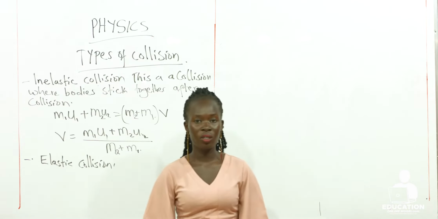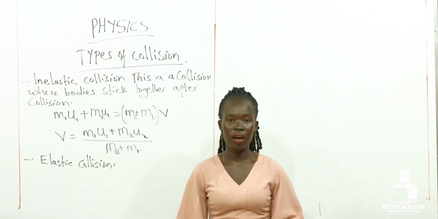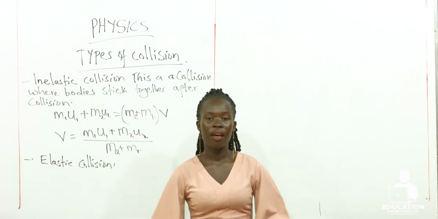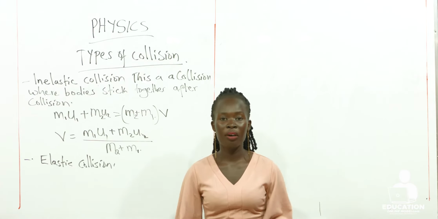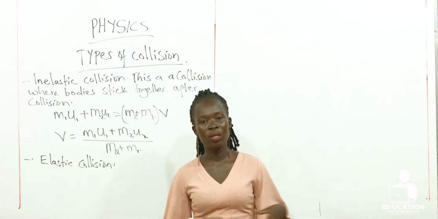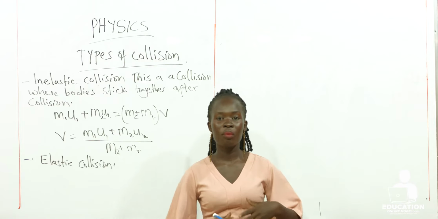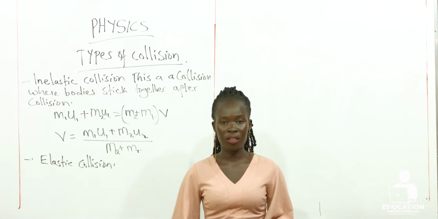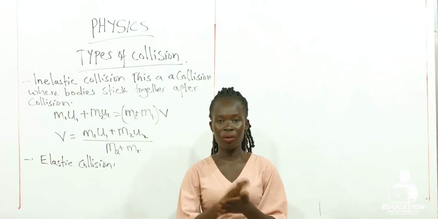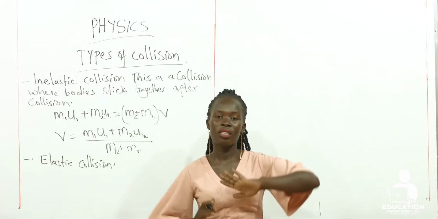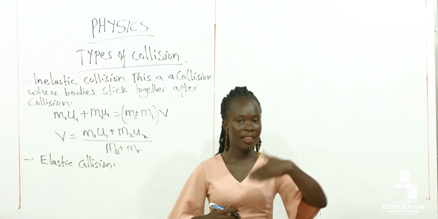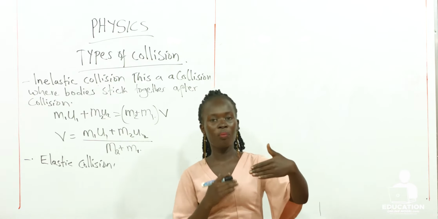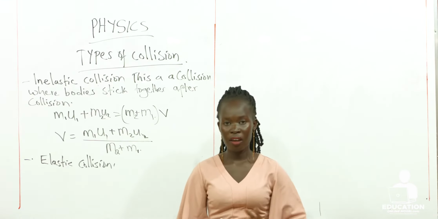With elastic collision, when the two bodies crash into each other, they are not going to stick together, but this time round they will separate. When they separate, they move with different velocities because the two bodies are not together. Each body takes its own direction, even if they take the same direction, they will be moving with different velocities.